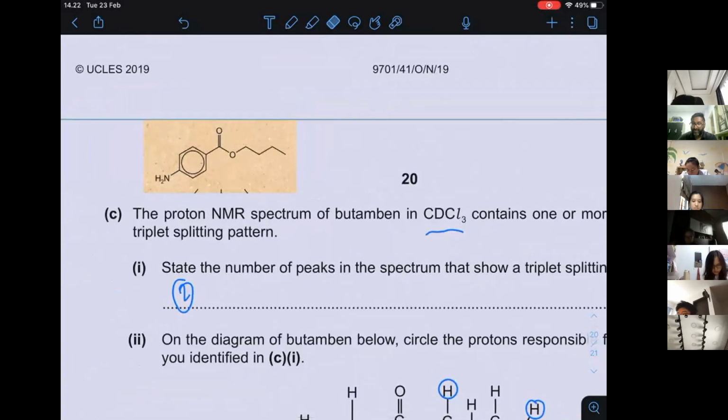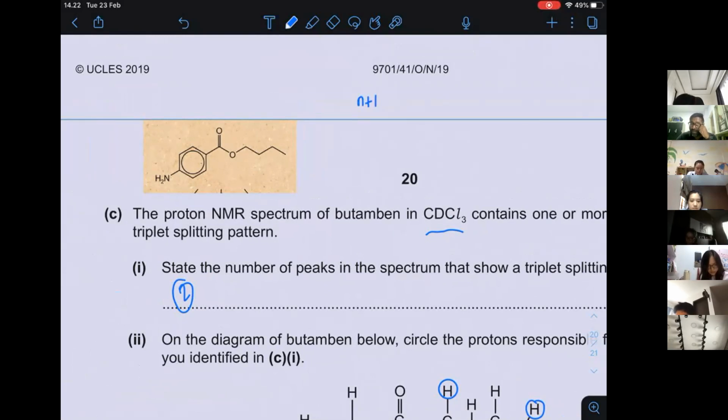Why is there a splitting? Because of the carbon next to the proton environment: if it has hydrogens, you need to use the n+1 formula for the splitting.